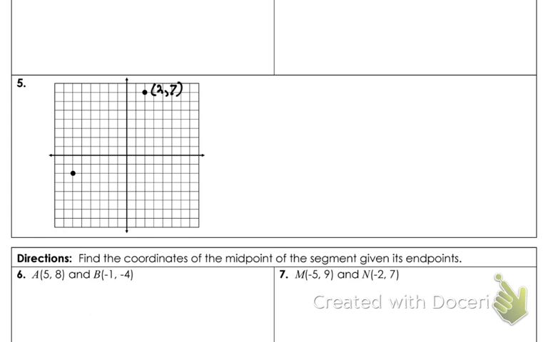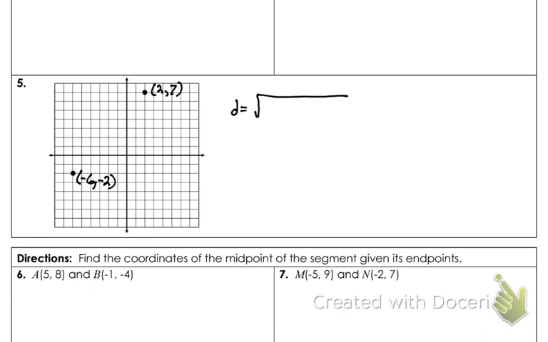Our other point, we have to go left, so that'll be negative 1, 2, 3, 4, 5, 6. So that'd be negative 6. And we have to go down 2, so that'll be negative 2. Now our distance formula says we're going to take the square root of those subtracted, added together, and squared, kind of.